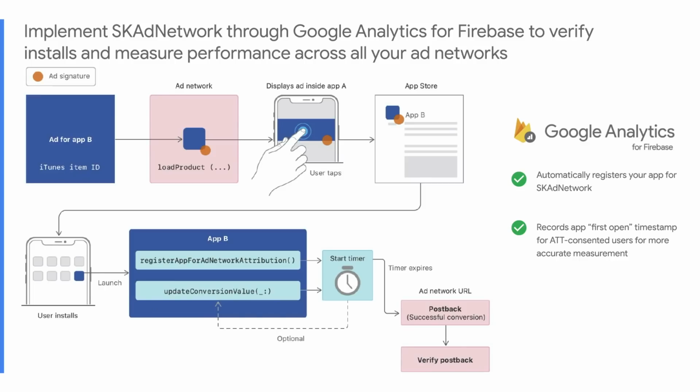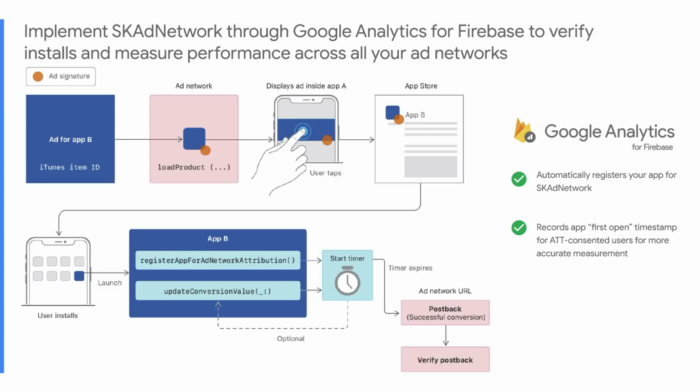SKAdNetwork is Apple's new framework to verify installs from various ad networks where you promote your app. Regardless of whether you choose to show an ATT prompt, data from SKAdNetwork can help you more accurately measure your iOS campaign performance. You can easily implement SKAdNetwork by upgrading to the latest version of Google Analytics for Firebase.